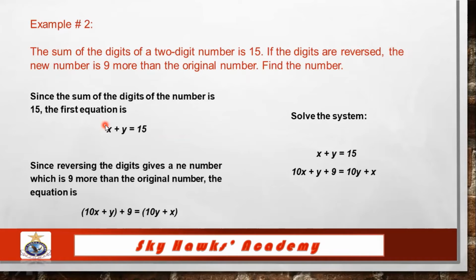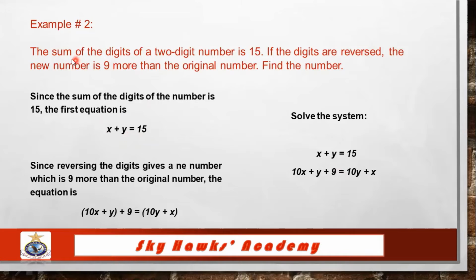Let's suppose your number is 21. How can you add the digits? 2 plus 1. Am I right? Yes. So that's what he was saying: the sum of the digits of a two digit number is 15.